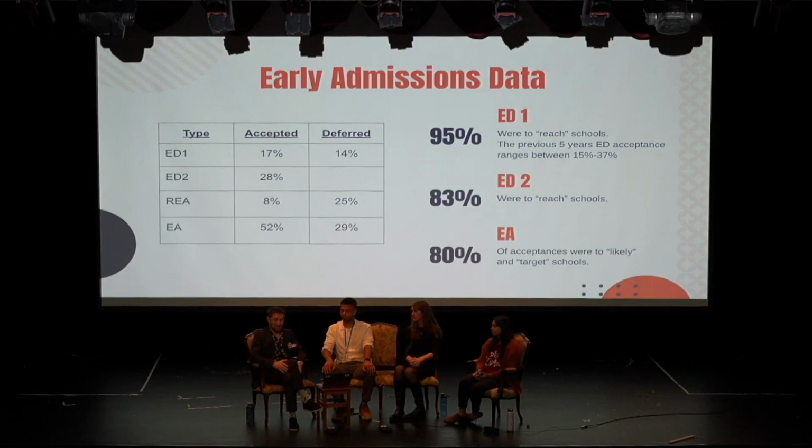And this is where it's really hard not to be emotional, but the data is accurate year in, year out, and this is what we expect. The more likely schools, the higher the acceptance rate. The more target schools, the higher the acceptance rate. And the more reach schools, the more denials you're going to see. That's just what's going to happen.